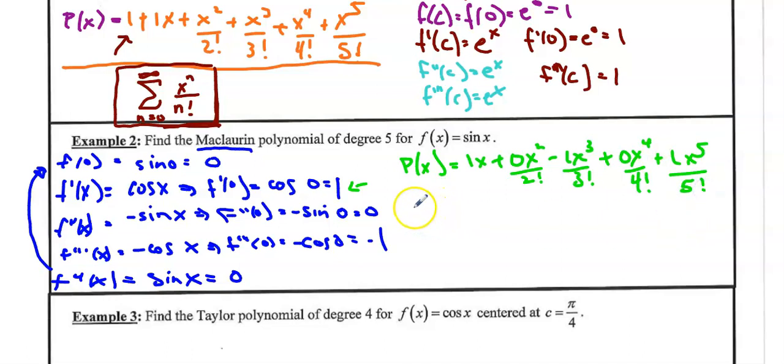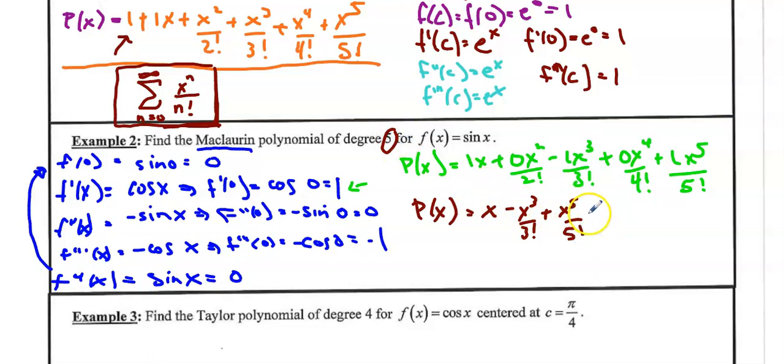And so we'll go ahead and just simplify this a little bit better for everyone and say, all right, well, this is going to be p of n, and this is for sine. And we go to x. And then we take the next term, which would be negative x cubed over 3 factorial, and then we're going to go ahead and do what is asked of us to find the degree of 5, which would be x to the 5th over 5 factorial.